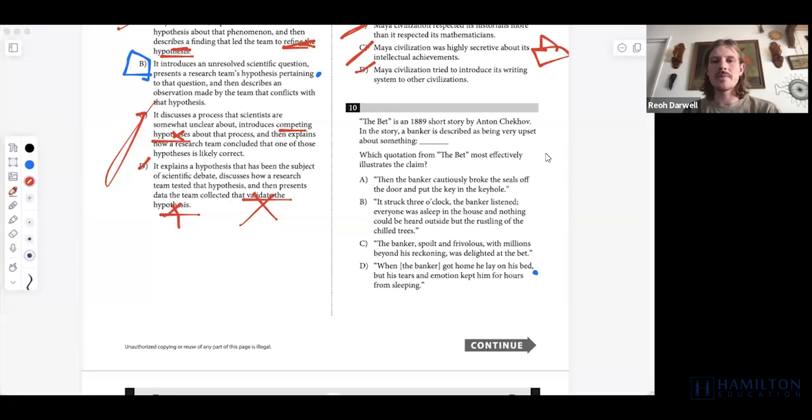All right, so question 10, it's a weird one. This is maybe a command of evidence, maybe some sort of literary thing, where we are looking to illustrate the claim. So the most important part of this is the claim: very upset. Here we have an example of how vocabulary is relevant on the test beyond just the words in context questions. Why do I say that?